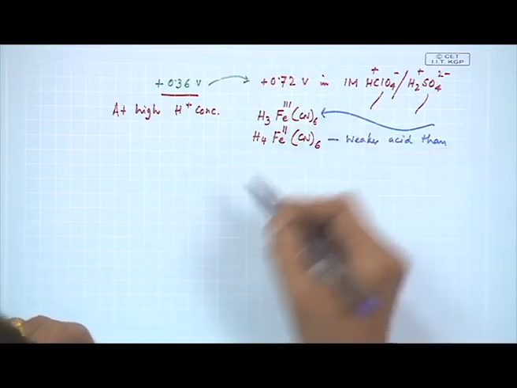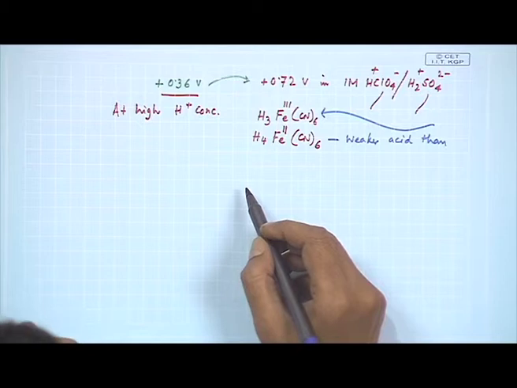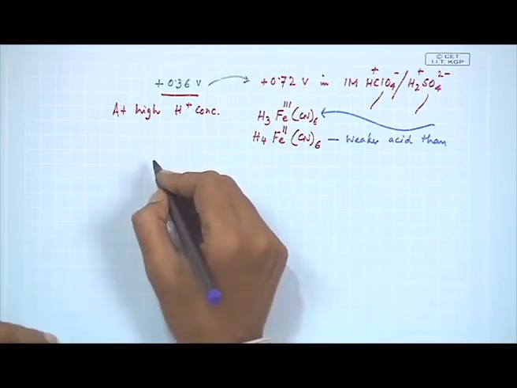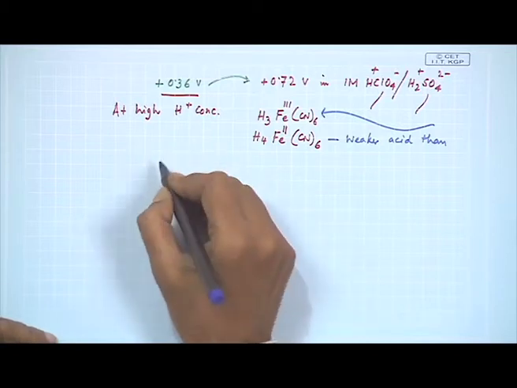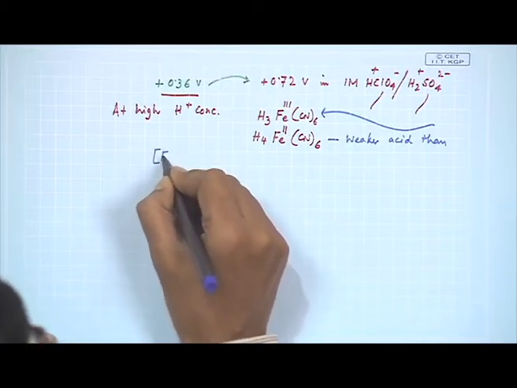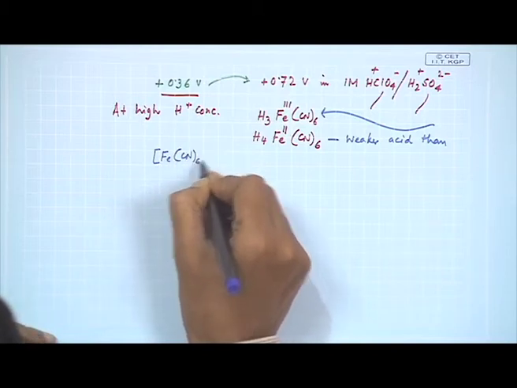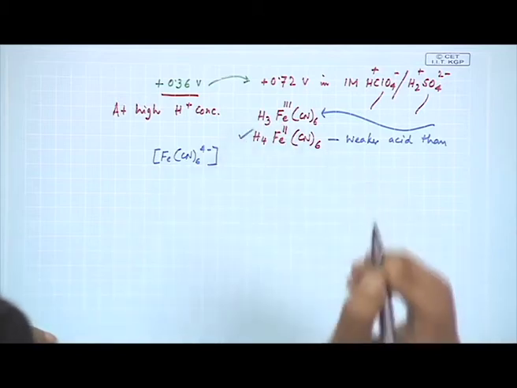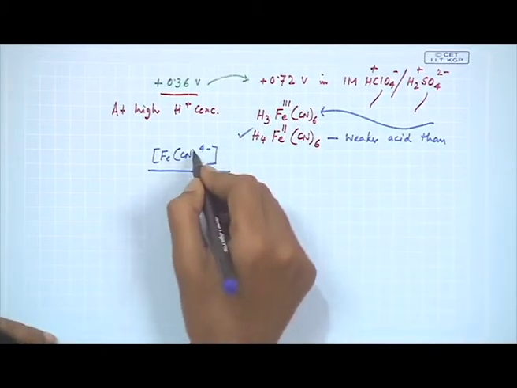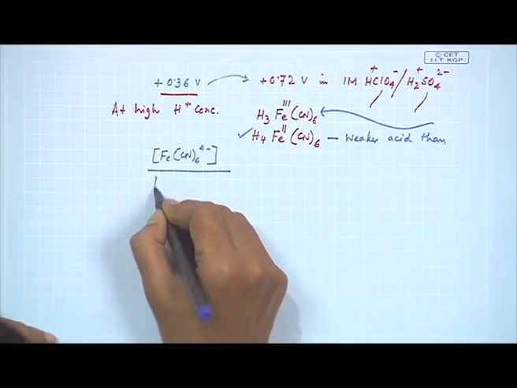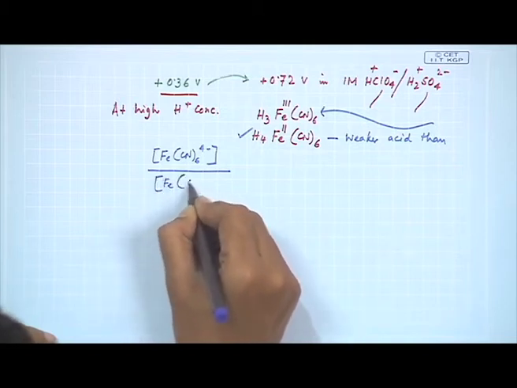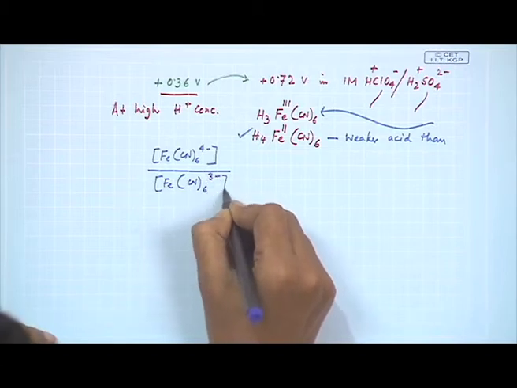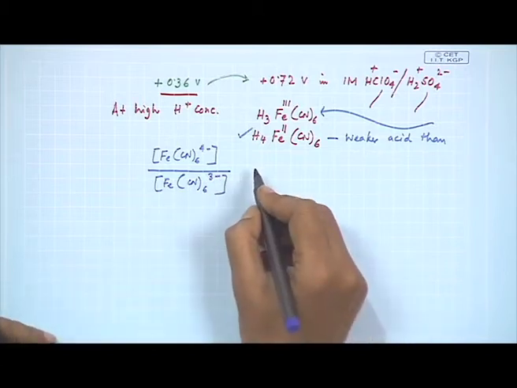If they are strong and weak acids, then the concentration of the free ions in solution changes, that is, the ratio of the two species, Fe(CN)6 4 minus, the reduced form, divided by Fe(CN)6 3 minus, the other concentration.